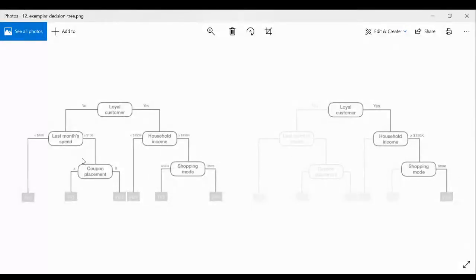So this is a depth 3 decision tree. There's a maximum of 3 splits. Say going down the right-hand side, we say loyal customer, yes. Household income greater than 150K, yes. Shopping mode, store. So there's 3 splits, and then there's one more level, as we go down to the bottom.